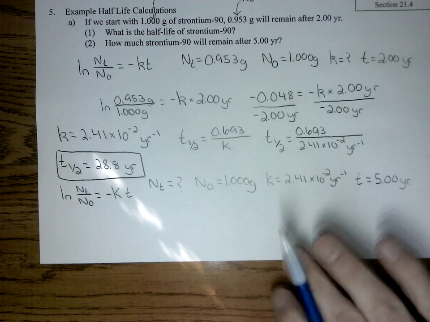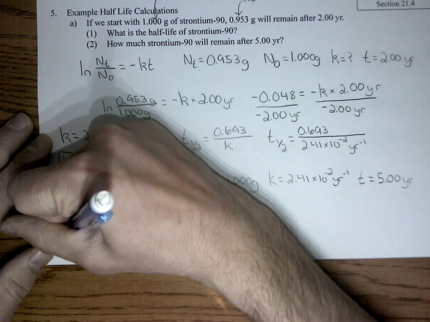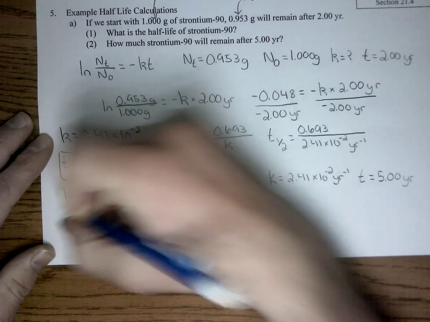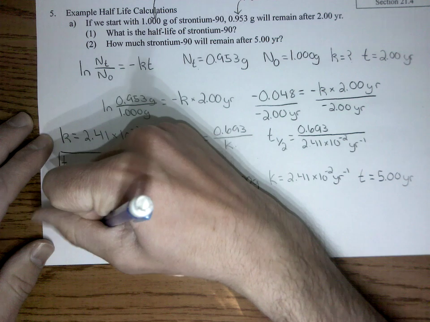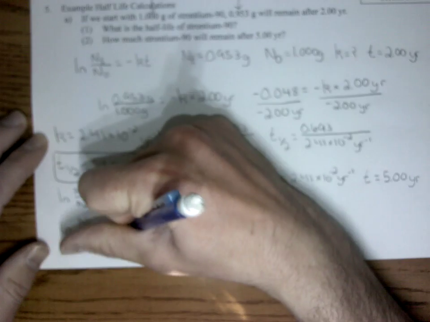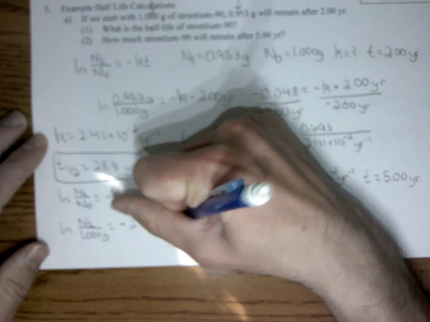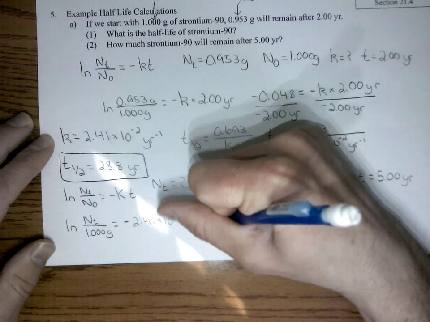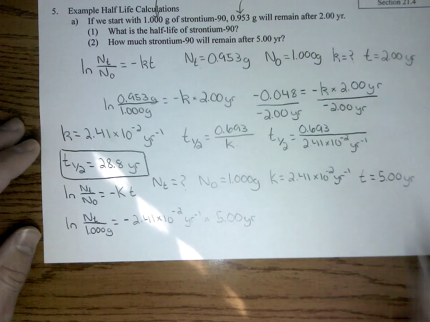Now, all we need to do is plug these values back into our integrated rate law. So we're going to have natural log of N sub T, we don't know how much remains, over 1.00 grams, okay? This is all equal to negative 2.41 times 10 to the negative second inverse years times 5.00 years. All right.